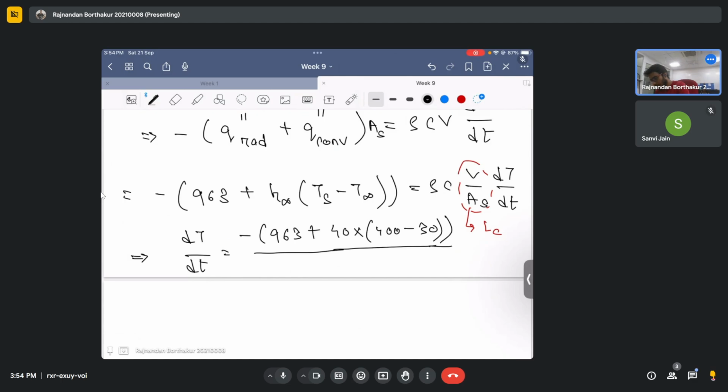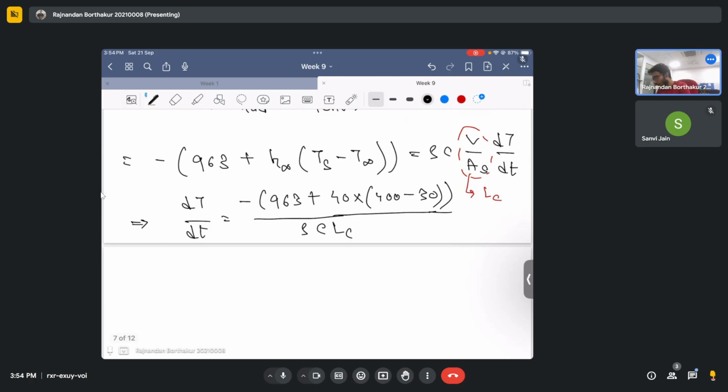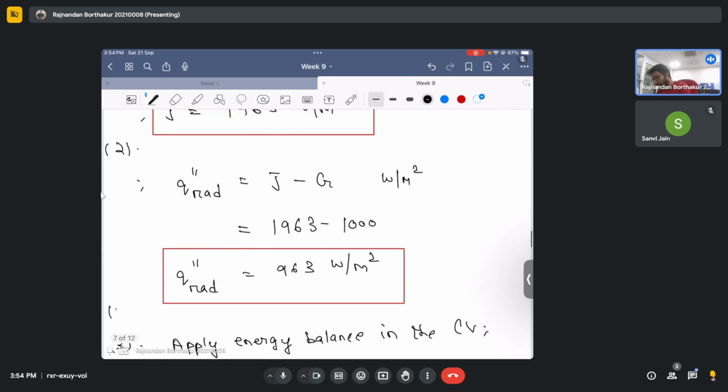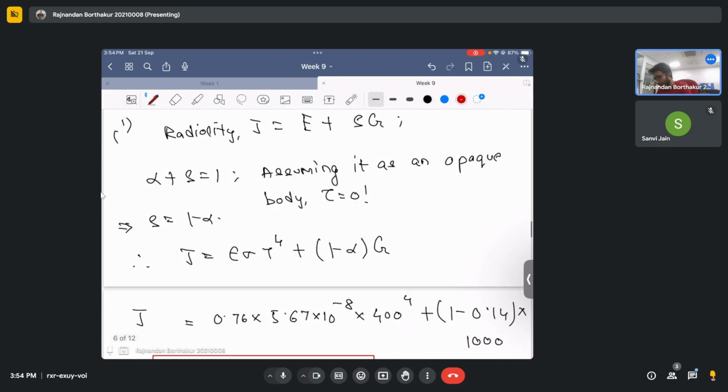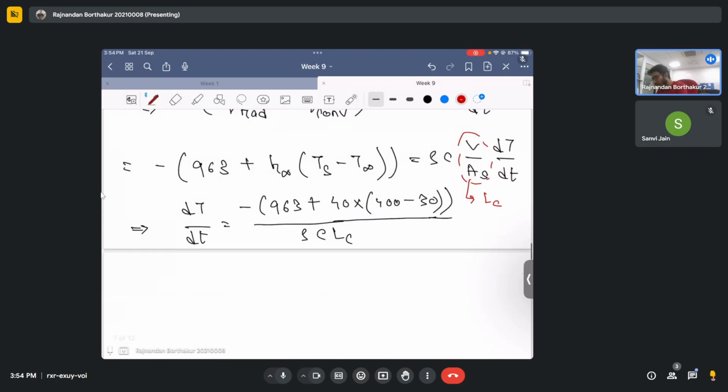This is your flux due to convection and radiation divided by rho C L_c. This L_c, the characteristic length, would be the length within which there is an appreciable change in temperature, so your L_c would be equal to L, which is 5 mm in this case. So you just need to substitute values.